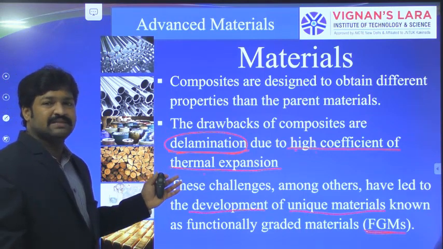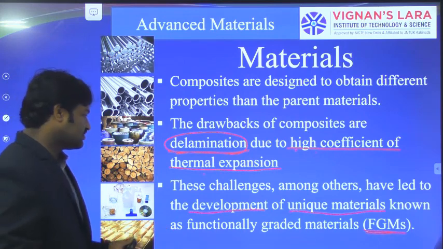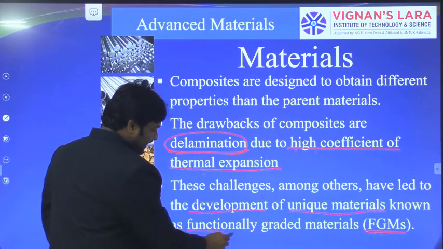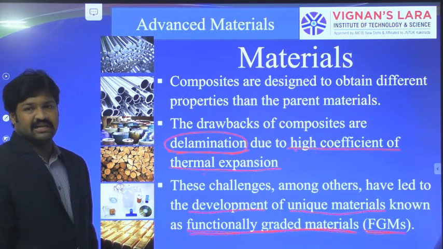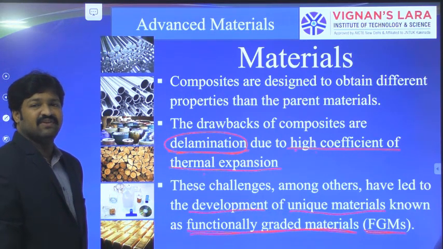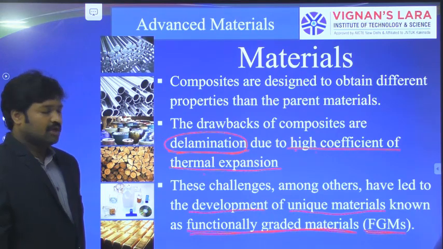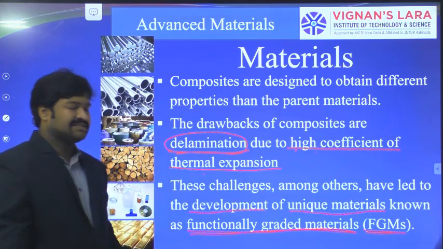So to overcome these drawbacks, we designed a unique material that is known as functionally graded materials. It is called functionally graded because it depends upon the functionality; the material gradually varies. So that is functionally graded materials, that is FGMs.